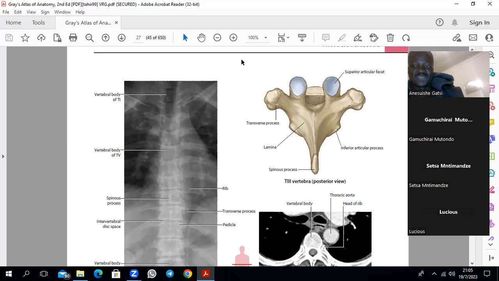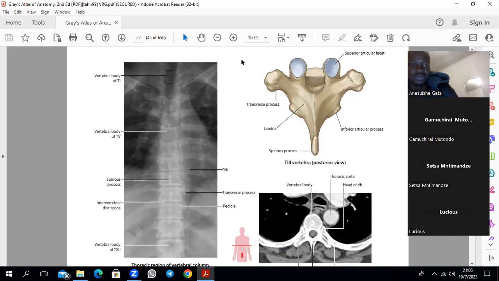And remember what I said, the last vertebra in a line resembles the next line. It also works vice versa. Some features of the first vertebra in a line will resemble the vertebra above it. For example, some of the features of T1 will actually resemble the features of your cervical vertebra. Right.